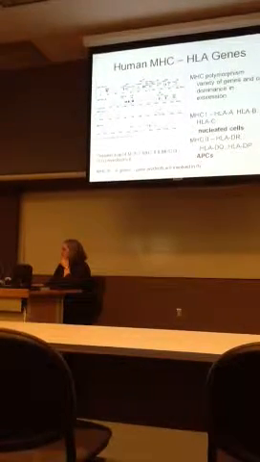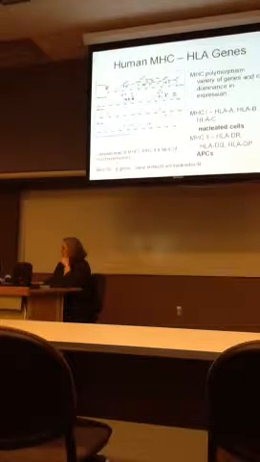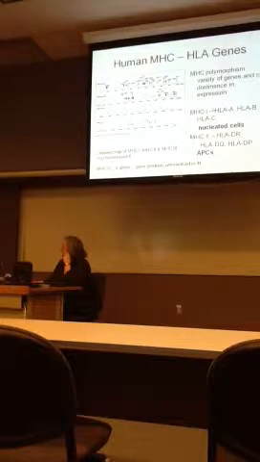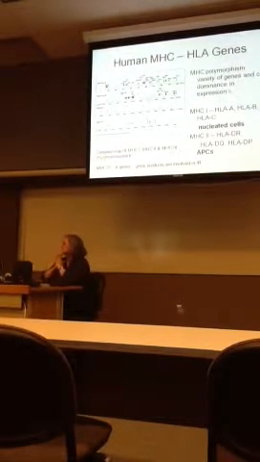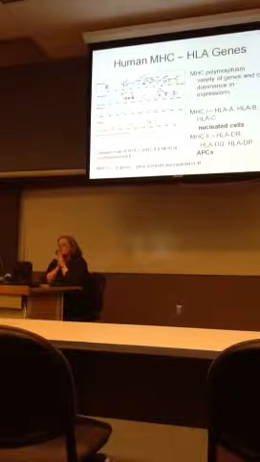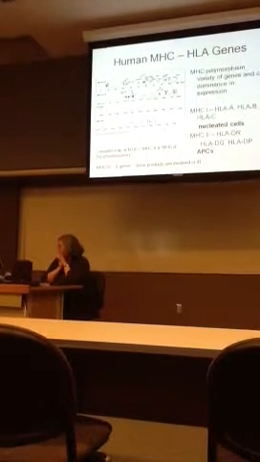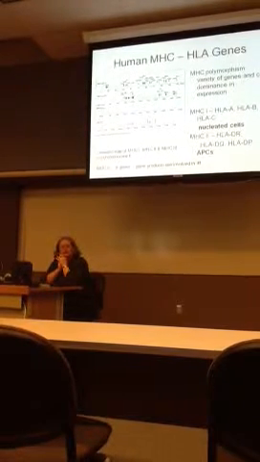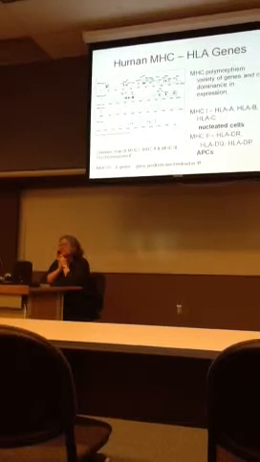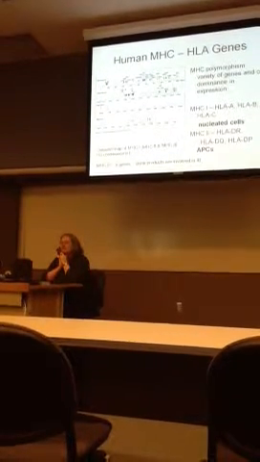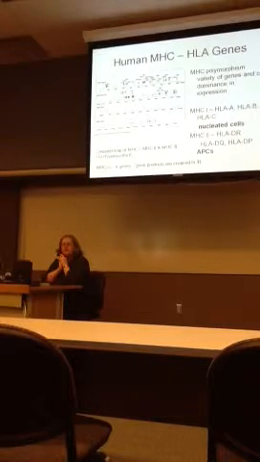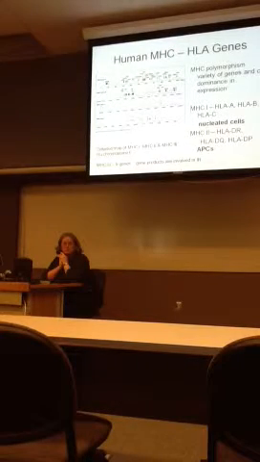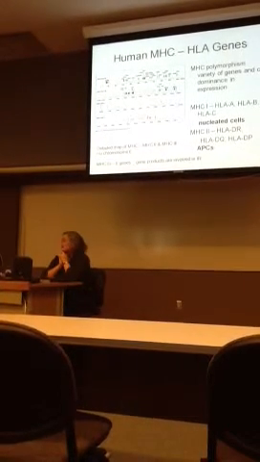Here's a more detailed rendition of this complex on human chromosome 6. One thing you have to understand about these genes and the proteins for which they code, there's a lot of variety. That's what the term polymorphism means. There's a lot of variety here in the MHC1 and 2 proteins that are expressed on an individual's cells.